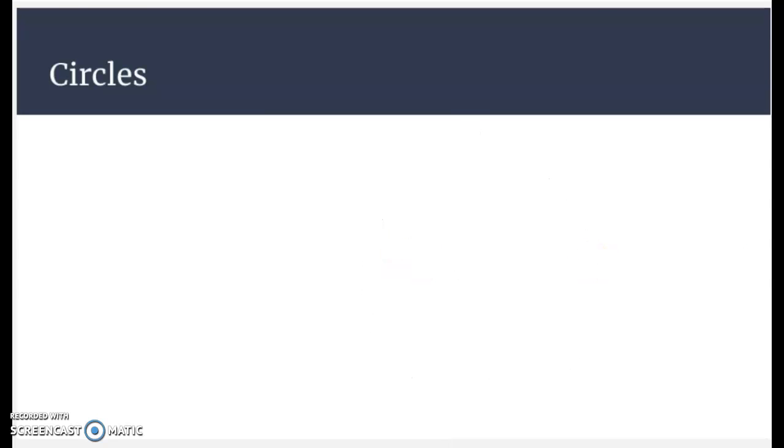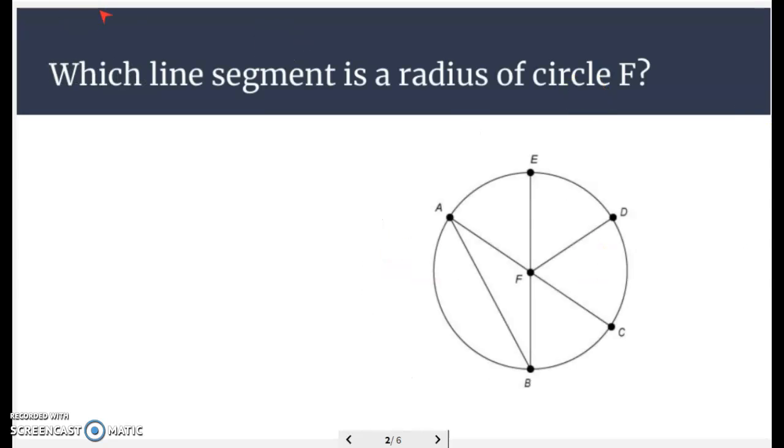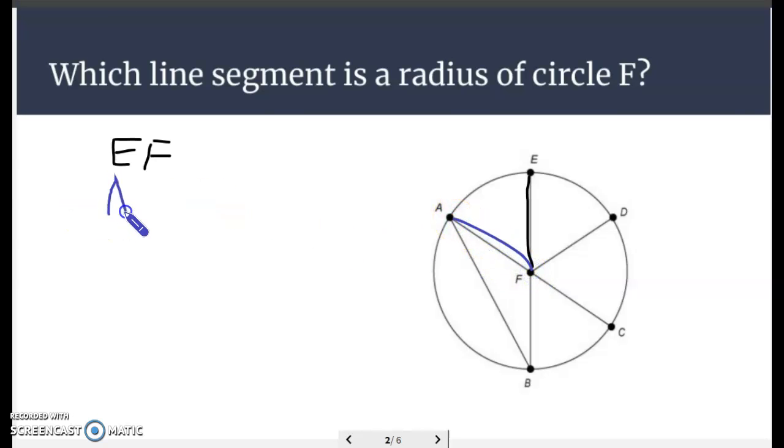Let's look at a few examples here. Which line segment is radius EF, or radius of circle F? So here's circle F in the center. Right here, EF is a radius. AF is also a radius.